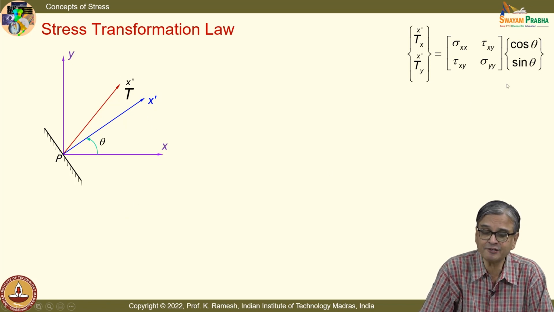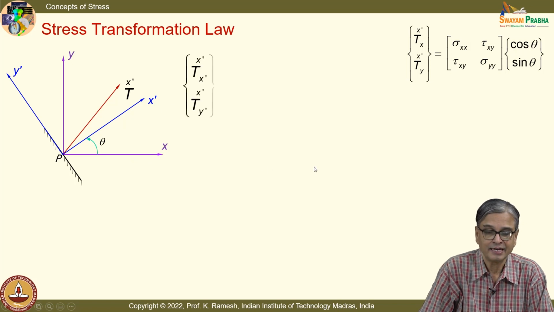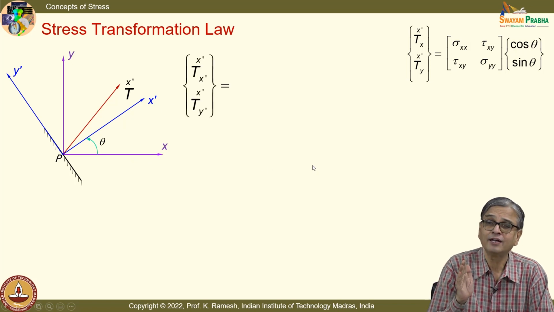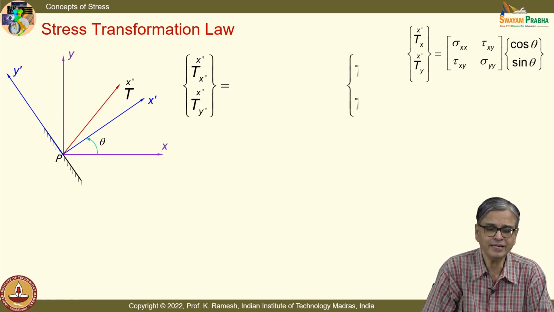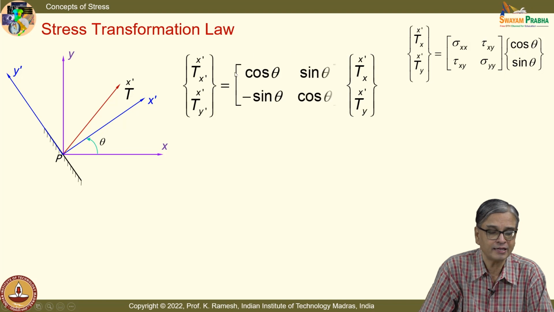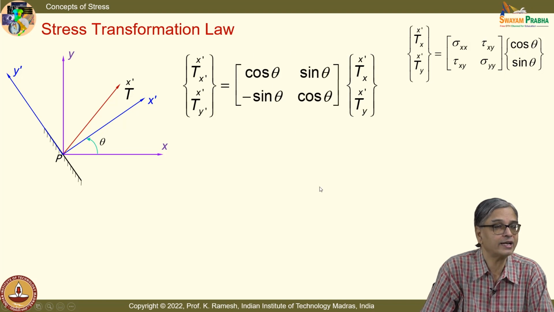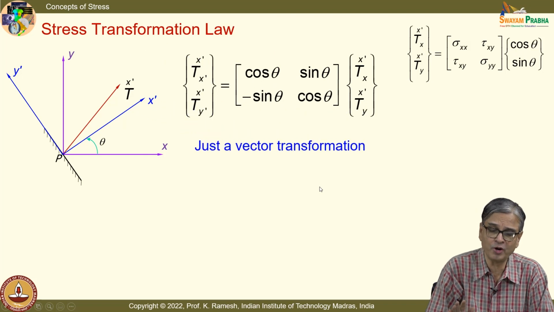This can be achieved by Cauchy's formula, and if I want the stress tensor with respect to x prime y prime axes, I will have to do a vectorial transformation of the stress vector. Fine. If I have to get t x prime from t x prime x, I have to go for a vectorial transformation. And this is so important.